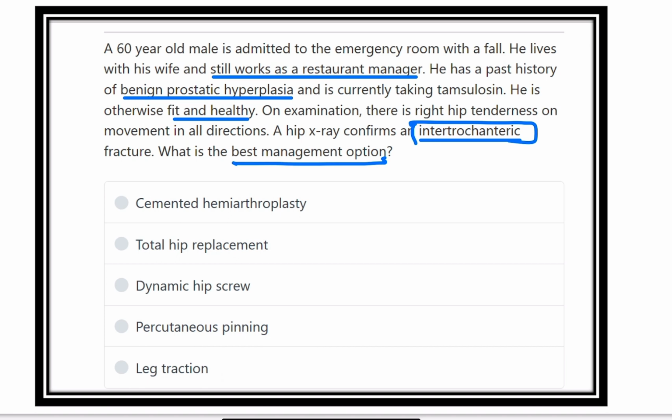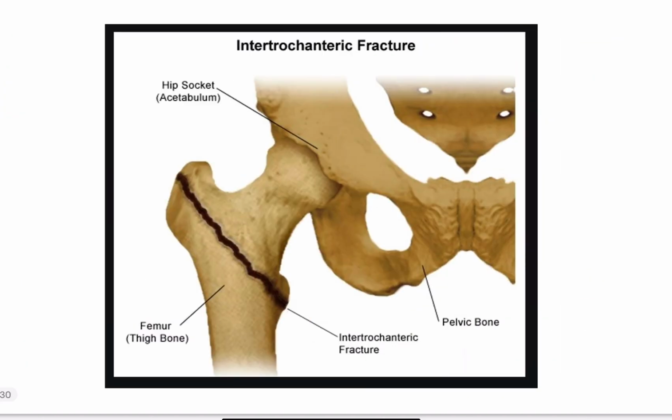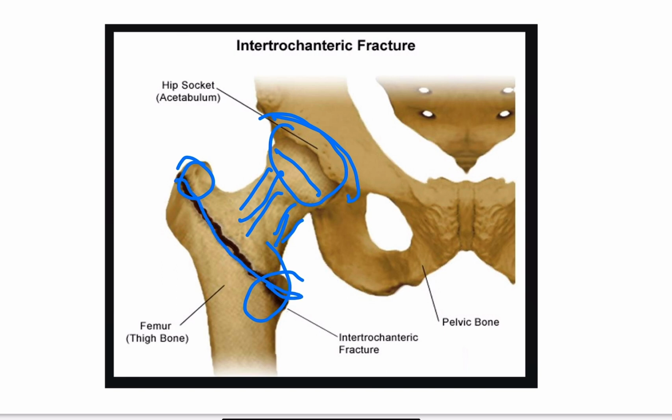The patient is 60 years old and generally fit, but taking tamsulosin causes postural hypotension, and probably the patient fell in this condition. Here is the hip joint, with the femoral head and acetabulum, and this is the greater trochanter, lesser trochanter, and neck of the femur, and the fracture occurs in the intertrochanteric line.